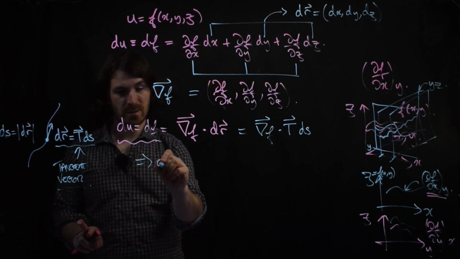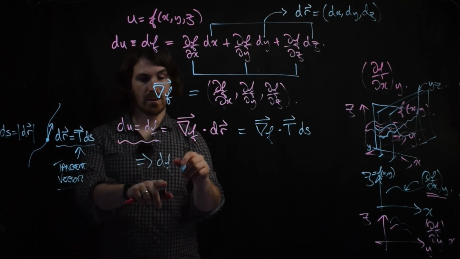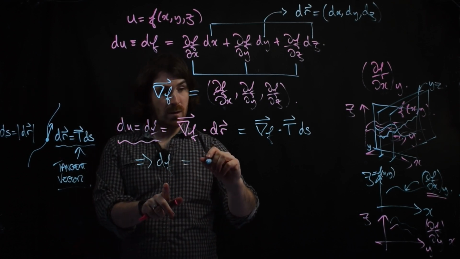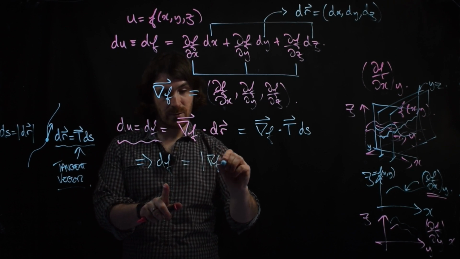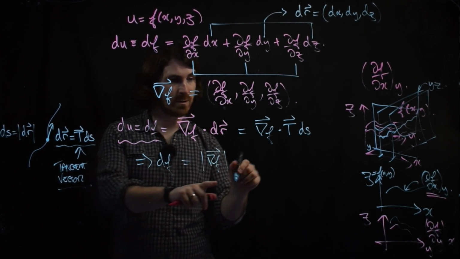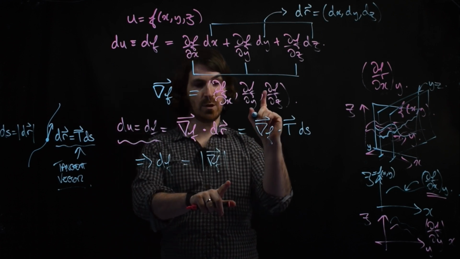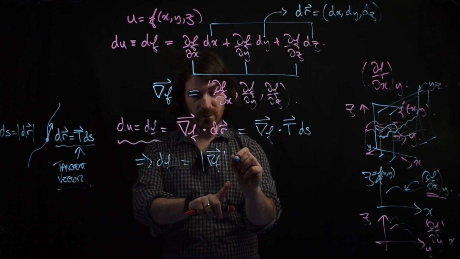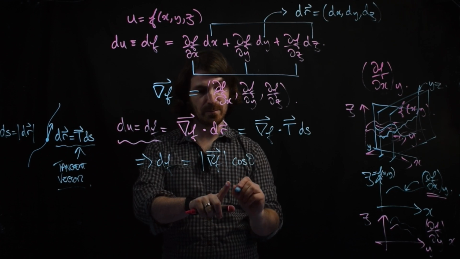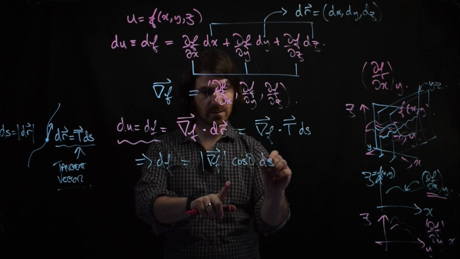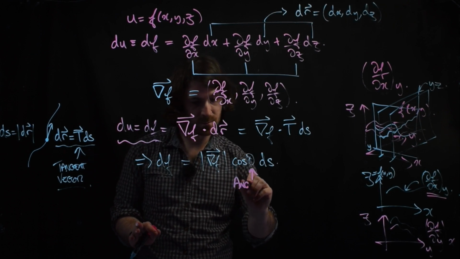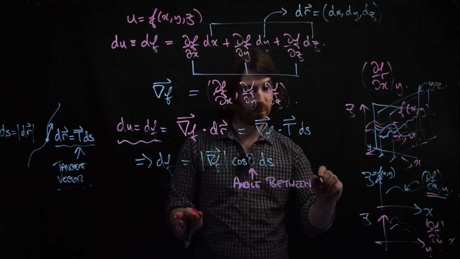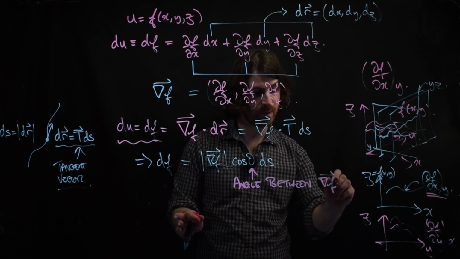This means we can write df as the magnitude of the gradient of f times the magnitude of T, but that's just 1, times the cosine of the angle between them, times ds. This theta is the angle between the gradient of f and T.